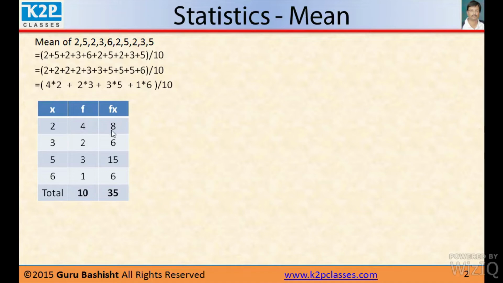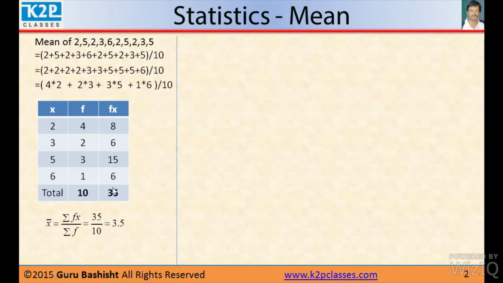And multiply these two things, x and f, to get fx. Then the sum of fx here is 35. And the sum of frequency is 10, that is the number of observations. Then mean can be defined as sigma fx divided by sigma f. Sigma means adding.